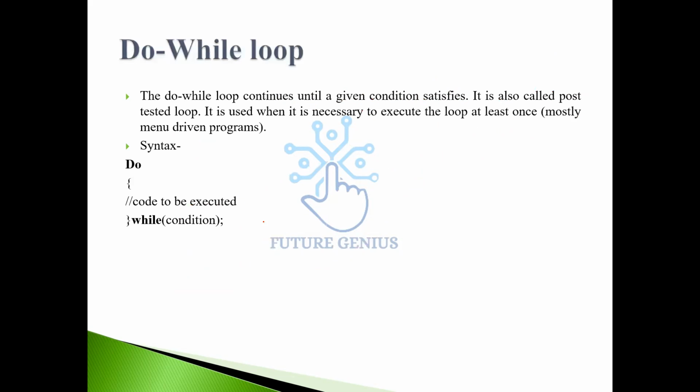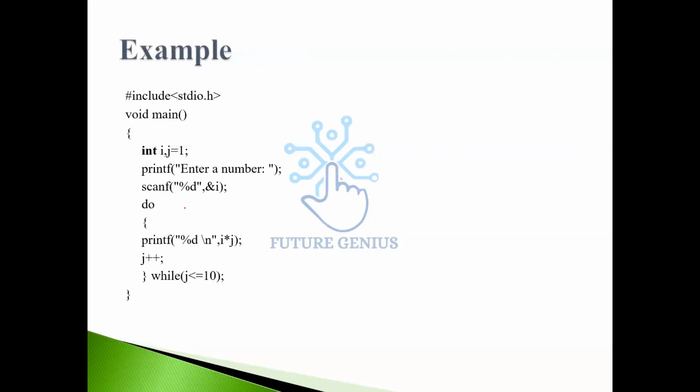And after that, do while. Do while is what we can call an exit control loop. This do while loop checks the condition while exiting the loop. So do the statement of code and then while condition.